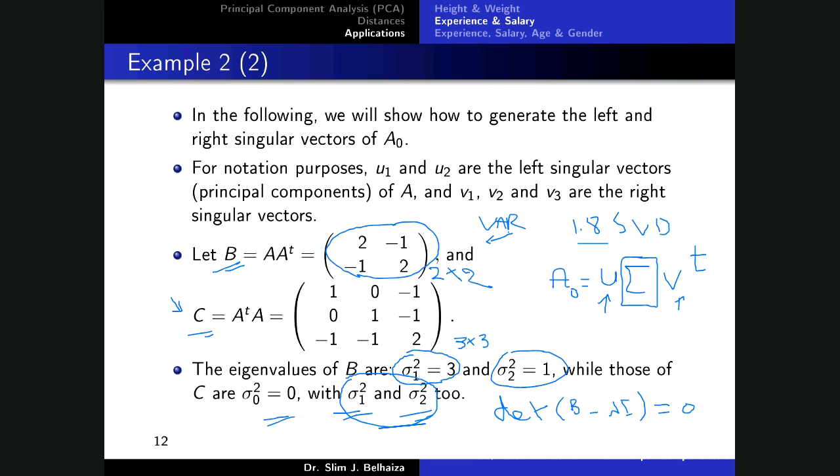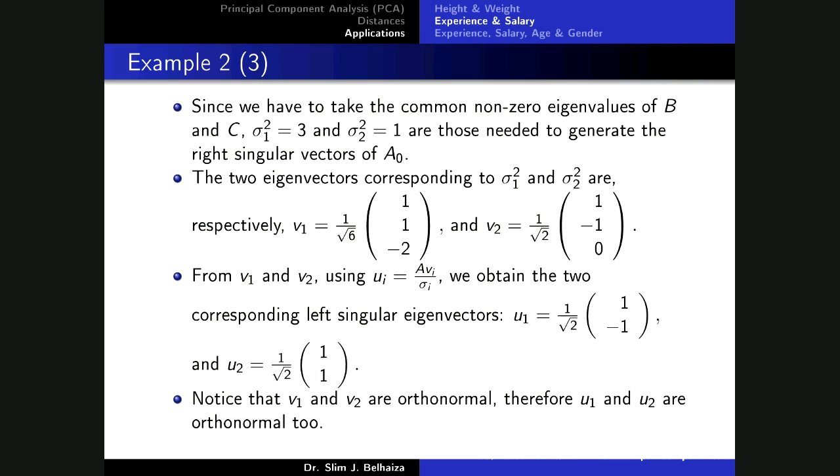So the 3 and 1 are the interesting ones we're going to put in sigma. You got it? In sigma, of course, I'm going to put square root of 3 and square root of 1.